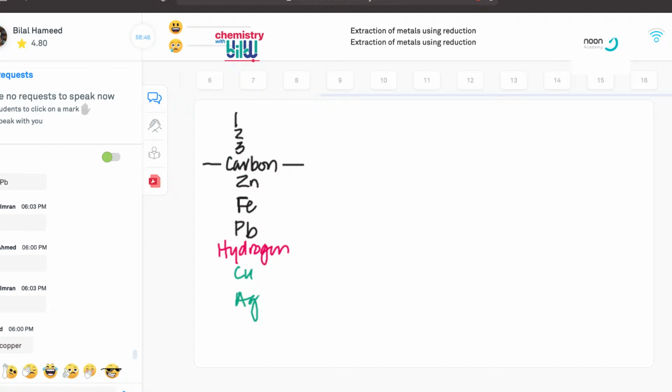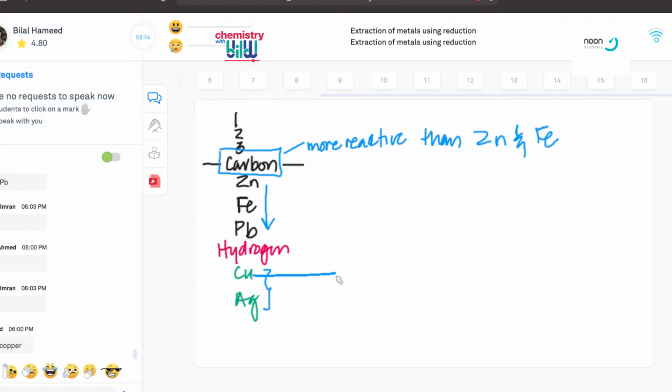But why should I always use carbon? At least I can use it for the metals, the ones below it, right? But when I go to copper and silver, then remember why could I use carbon to remove iron from it? Because carbon was more reactive than zinc and iron.